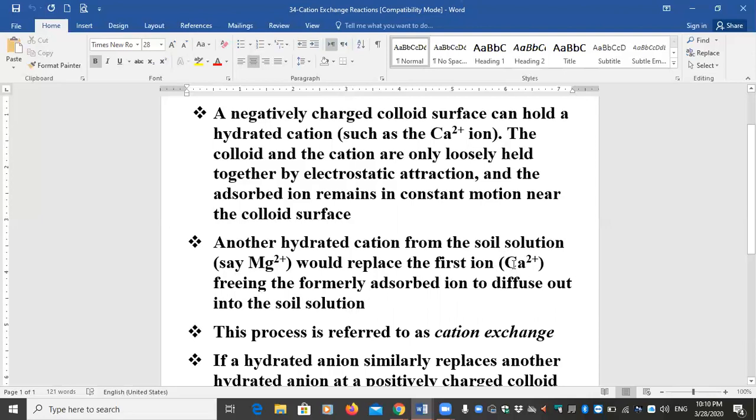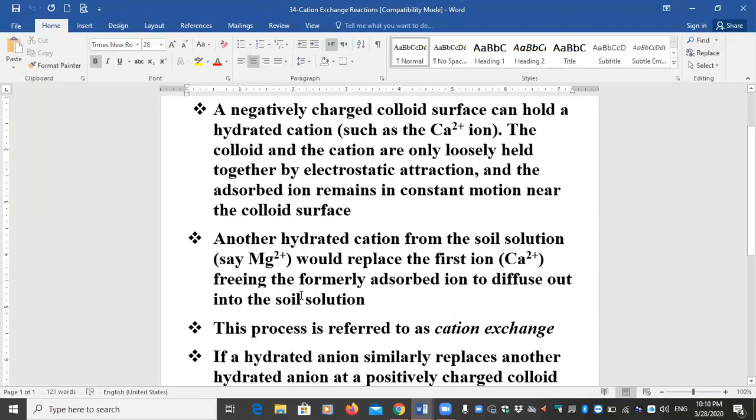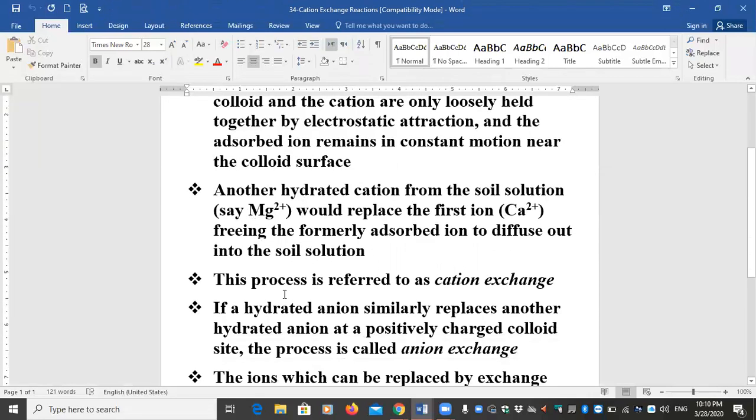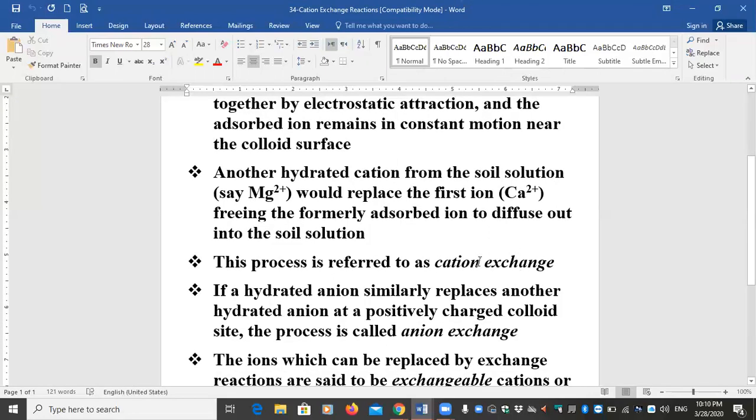So if you have calcium adsorbed on the surface of the colloid, magnesium can take the place or replace or exchange calcium. Of course, what will happen to calcium? It will diffuse out, it will leave the surface and go to the salt solution. This process is referred to as cation exchange.